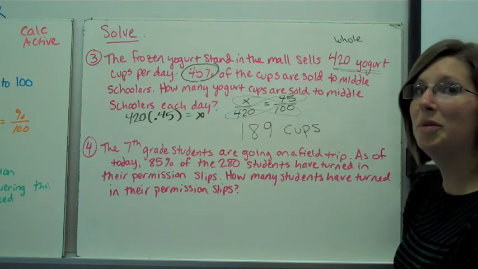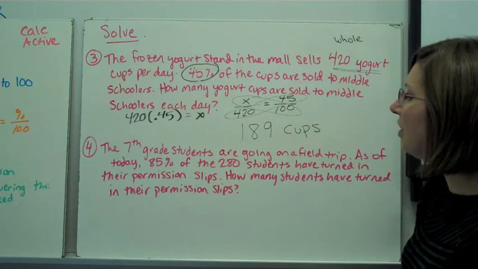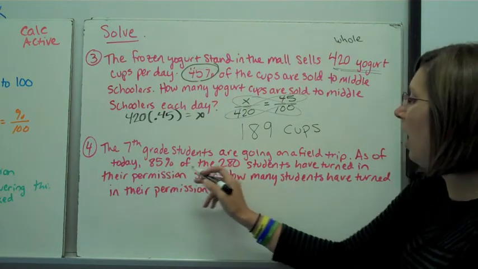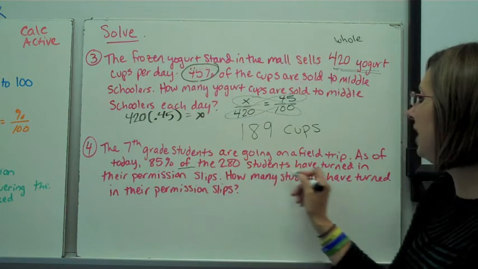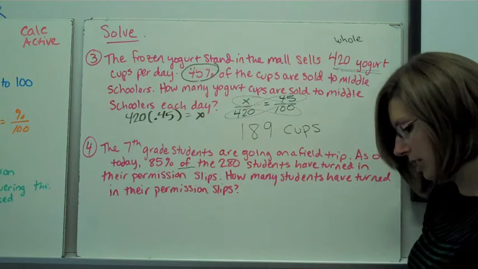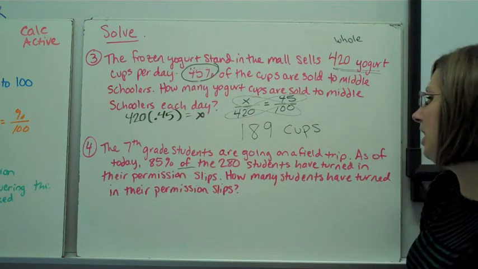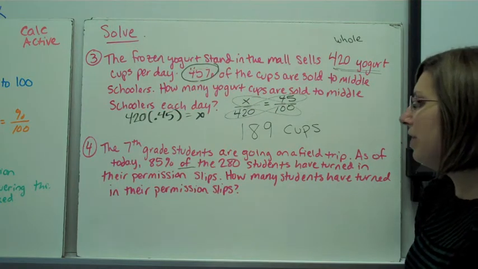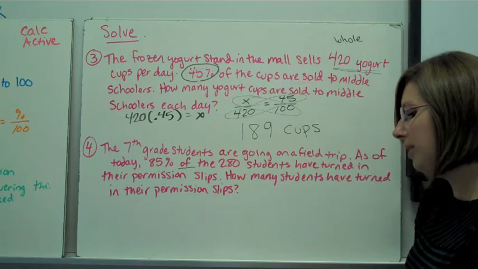All right, number 4. The 7th grade students are going on a field trip. As of today, 85% of the 280 students have turned in their permission slips. How many students have turned in their permission slips? Well, this one seems similar to the last one.